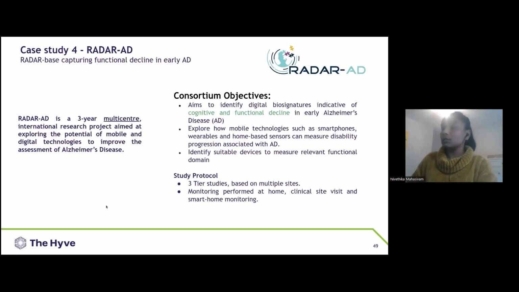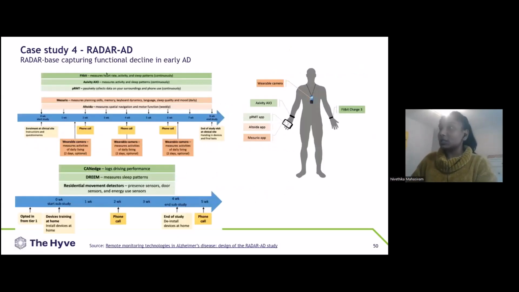This study is a 3-tier study. How the study is designed is that there will be the first tier, and the participants will be wearing 2 activity trackers, and they will have the passive RMT app, the Misurio and Altoida on their phone. Passive RMT just collects data passively. Misurio is an active app.